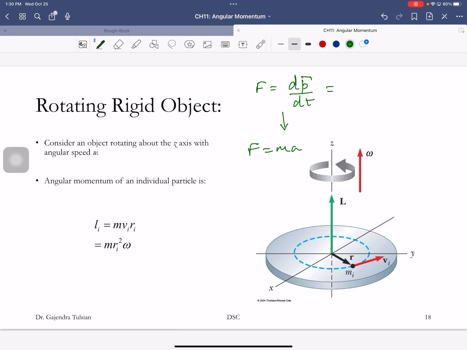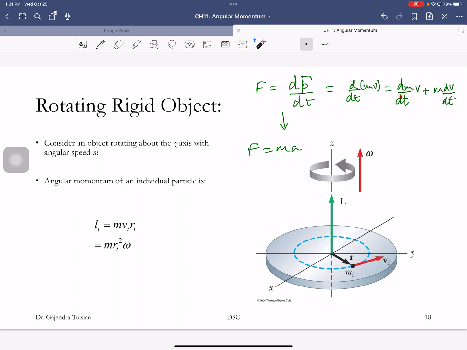F is equal to d by dt of mv, which is dm by dt times v plus m dv by dt. When you're driving your car, the mass of your car is not changing much. It is changing because as you burn gasoline it's reducing a little, but negligible. So most of the time we are able to throw away this term, and that's equal to mass times acceleration. That's when it reduces to that. But when Elon Musk is playing with his rockets, the mass changes by 90%. Then you can't ignore this.